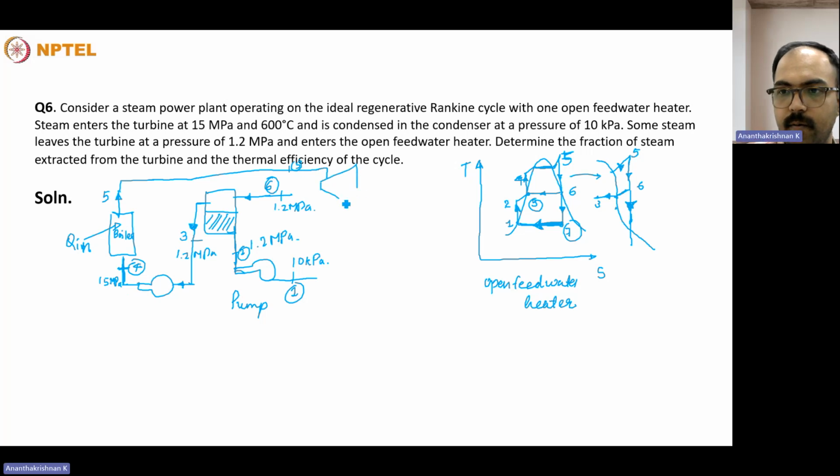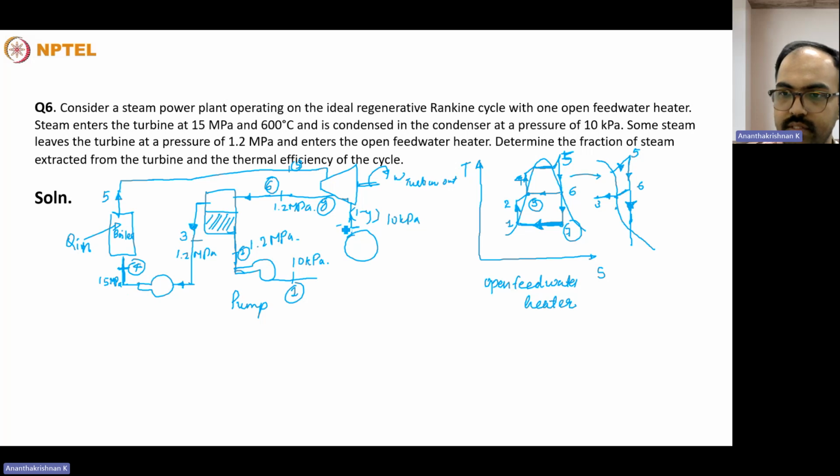And that is work turbine out. So this will be the pump input in these two cases, and then a portion of the steam will be bled out of it. That fraction will be y, and the 1 minus y will be going out and will be expanded continuously, and it will be going out to the condenser at 10 kilopascal.